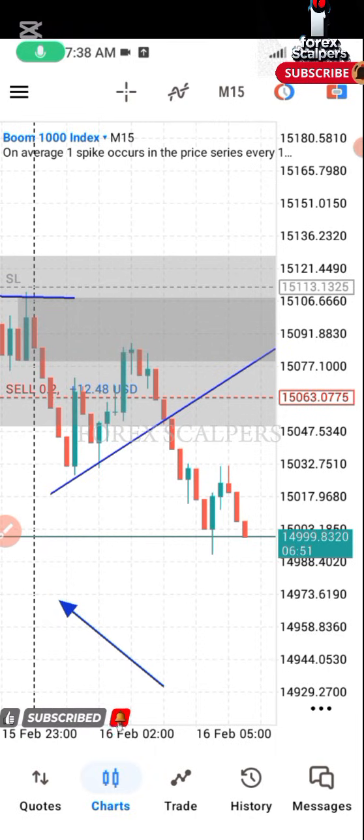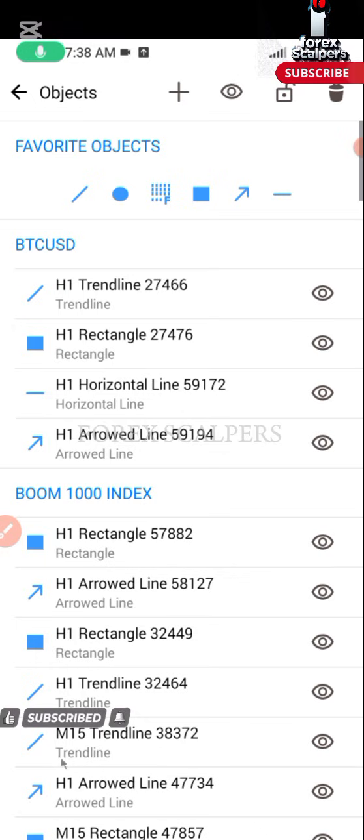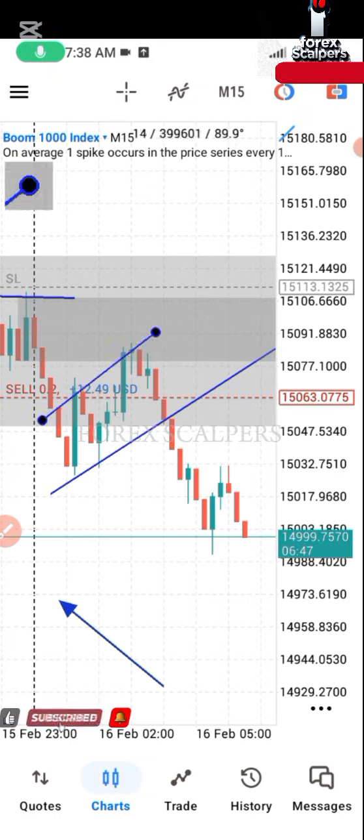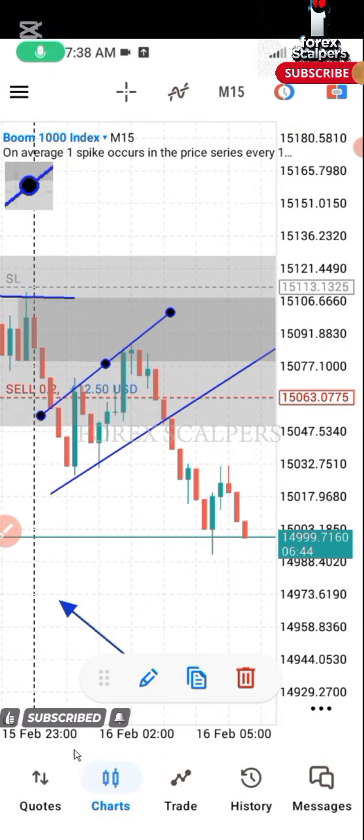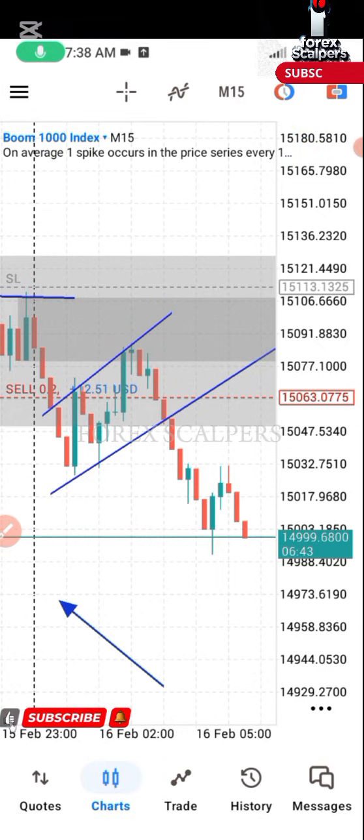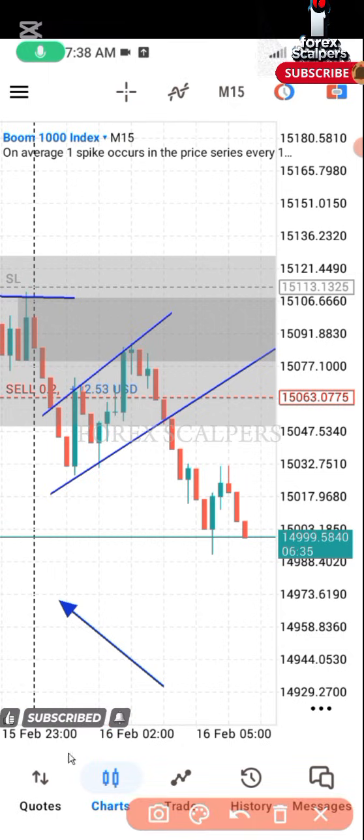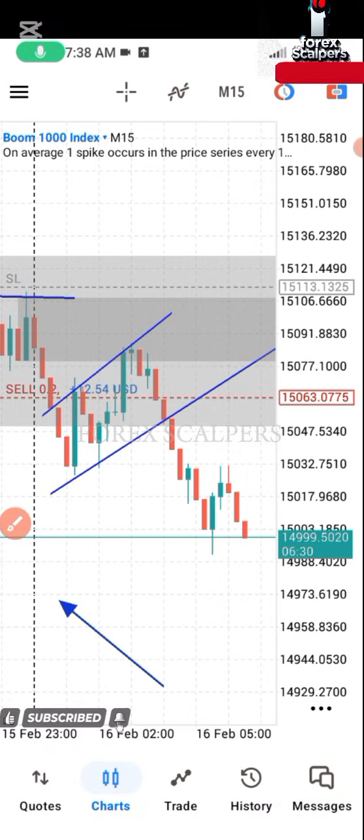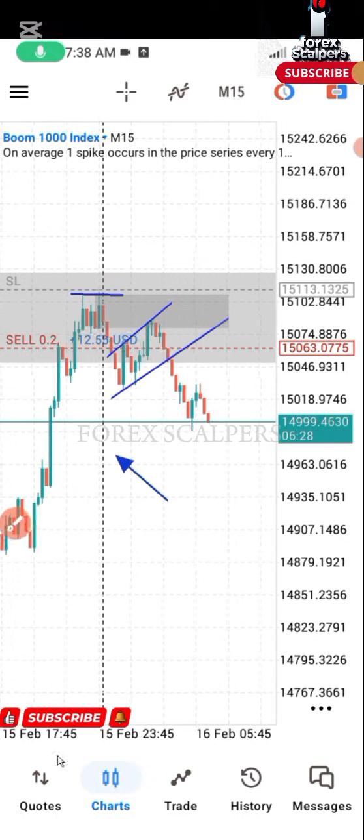And if you observe carefully, a pattern was built while mitigating that zone, which is a bearish flag pattern. So you can see how that happens. Immediately I saw that price already came in and mitigated it, I had my sell entry here, and you can see how the trade is playing out without stress.